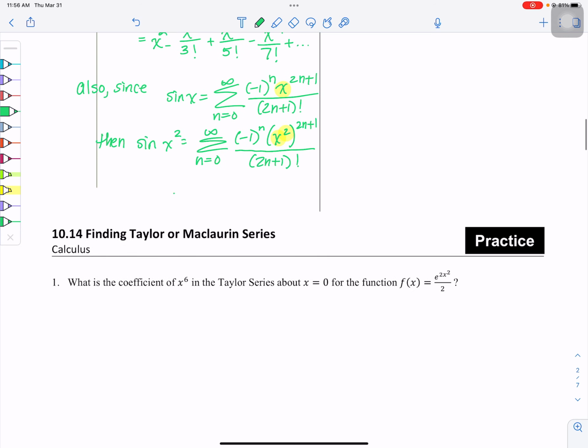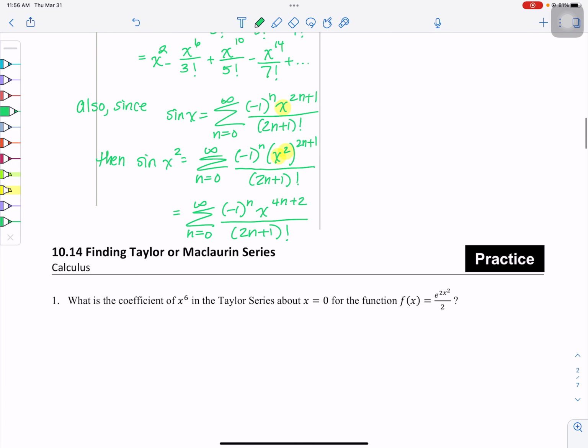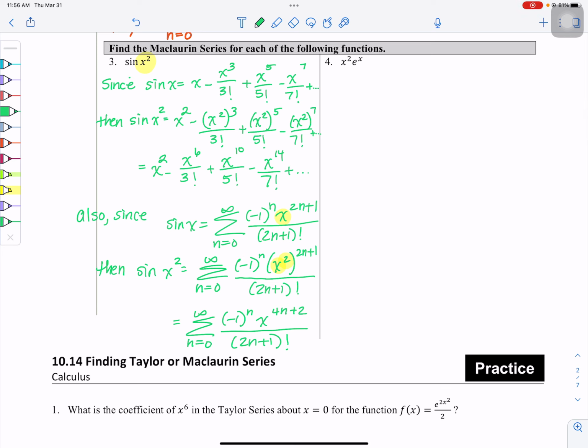And so what would we come up with? (-1) to the n, x to the, now remember, we multiply exponents, so this would be 4n plus 2 power, divided by 2n plus 1 factorial. It really makes it kind of cool to be able to use these functions that we already know.